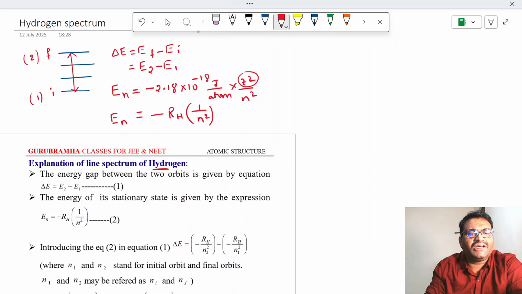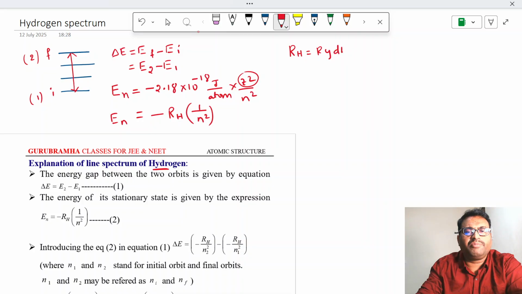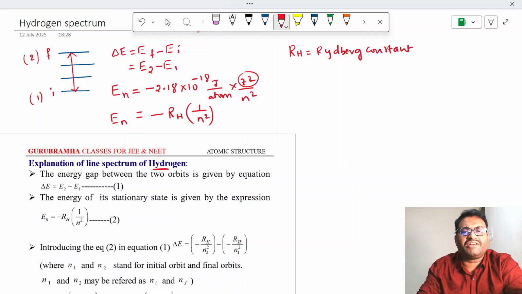What is RH here? RH is the Rydberg constant. We have the Rydberg constant as 109,677 per centimeter, which expresses the Rydberg constant in wave number.